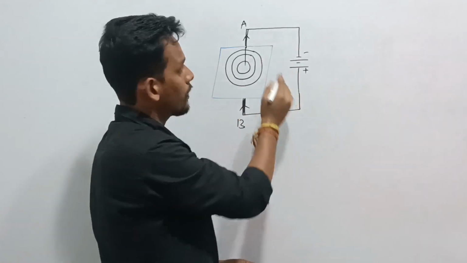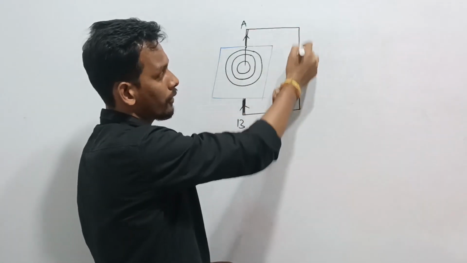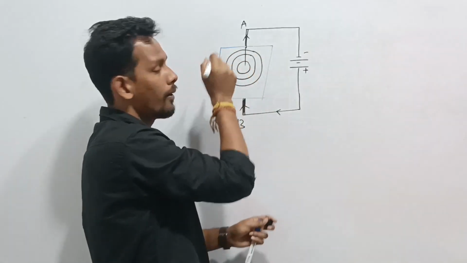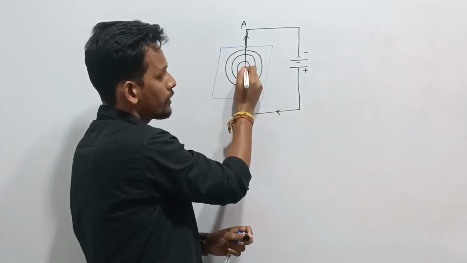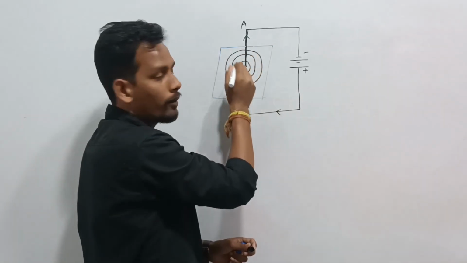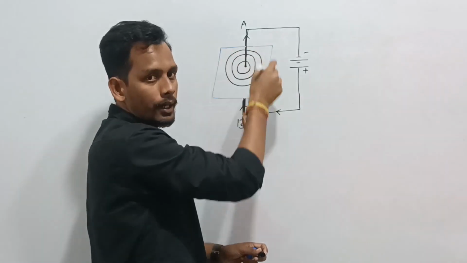Now this is a circuit. Suppose one straight conductor is connected to a battery. That conductor passes through a rectangular sheet. Now if you consider this point of the conductor, you will observe a pattern of concentric circles.